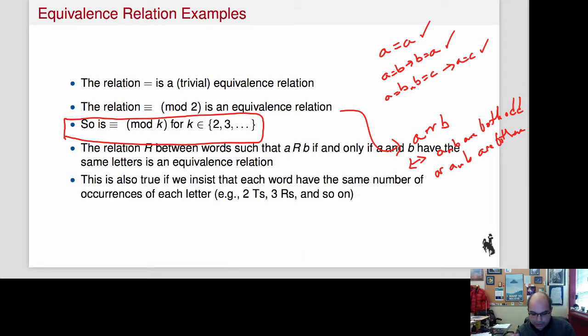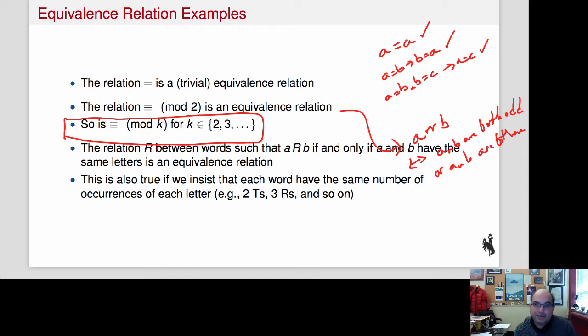Now let's have a relation on words. They have to have the same letters. For example, cat and tack have the same letters, so those two are equivalent. It actually does turn out that this is an equivalence relation, because if word 1 has the same letters as word 2, then word 2 has the same letters as word 1, symmetric.